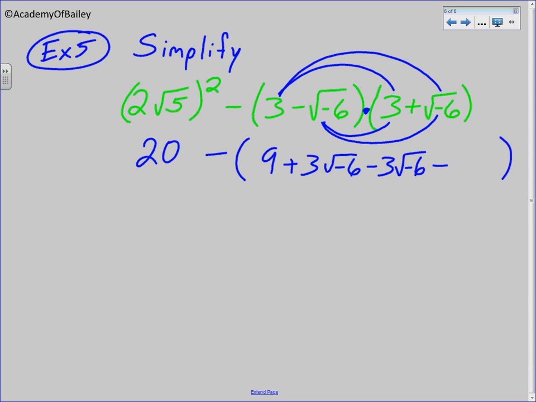The square root of negative 6 times the square root of negative 6 will give us negative 6. That term and that term there, 3 square root of negative 6 and negative 3 square root of negative 6, cancel each other out, leaving us with, that should become a plus, 9 plus 6 is 15. So we have 20 minus 15, which then is 5.